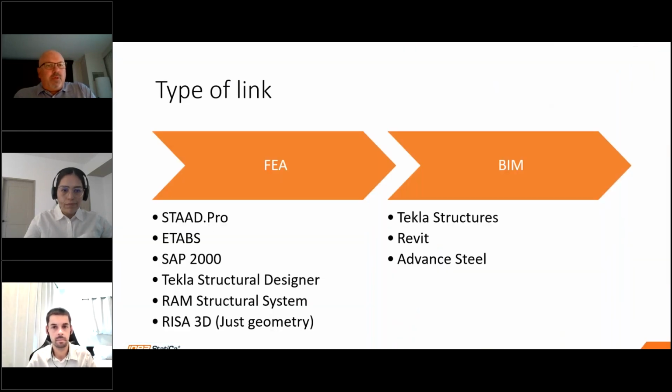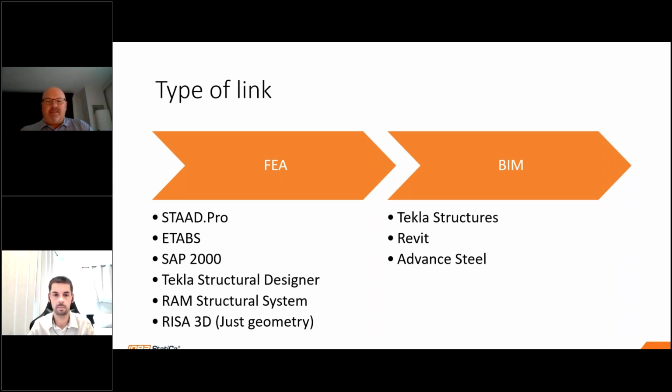As far as the types of links that we have in IDEA, we're looking at analysis software. That would be Staad, ETABS, SAP, TSD, RAM, RISA. Those are the main tools that we link to currently that are used in the US.